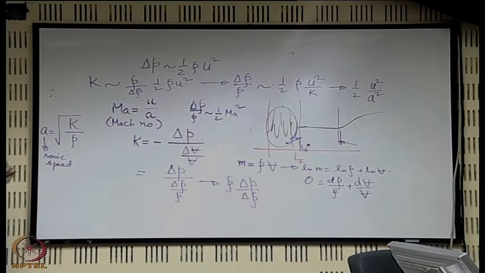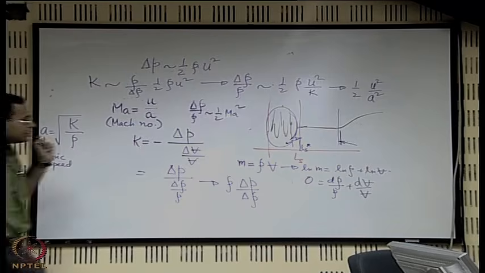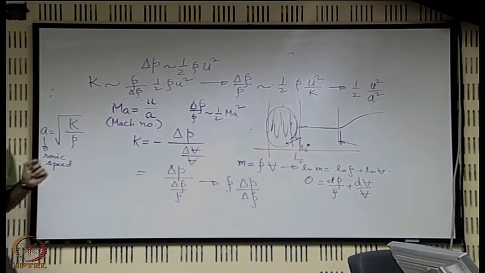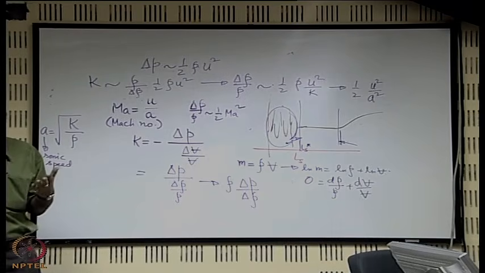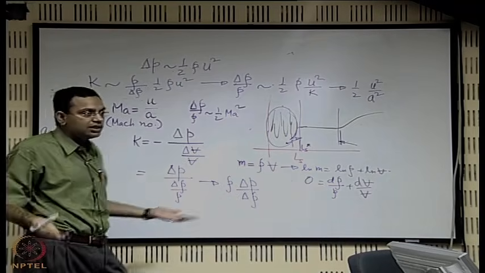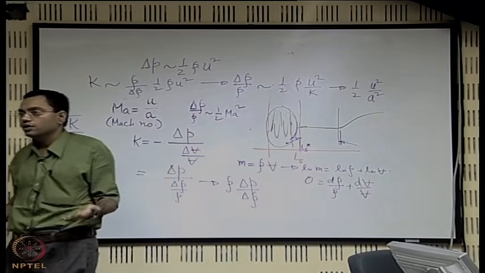So what is the signature of compressibility of a fluid? We will say that a fluid is compressible when it has a change in density because of a change in pressure. So in that way all fluids are compressible, right, because all fluids will have some change in density because of change in pressure.